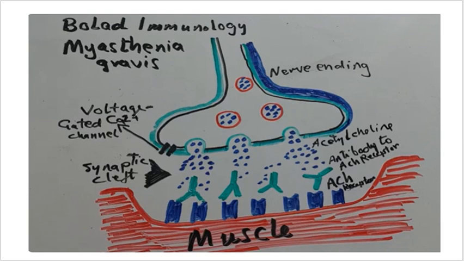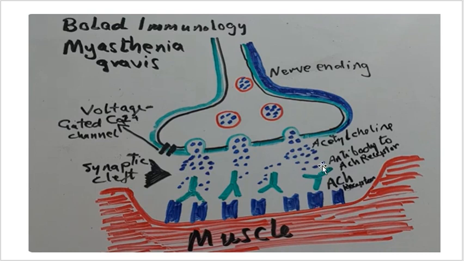However, in case of myasthenia gravis, it is not common that the patient develops severe inflammation due to formation of immune complexes, as these antibodies, from the motor end plate here, these nerve endings, produce antibodies against acetylcholine receptors here in the muscle.